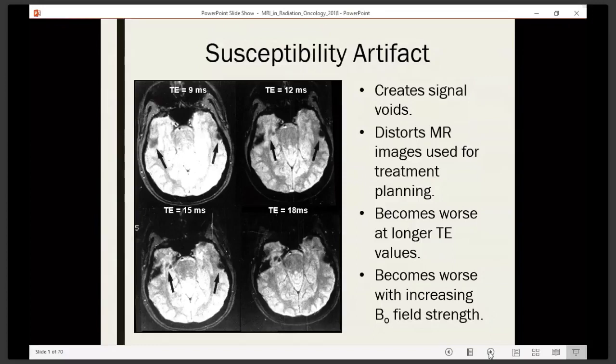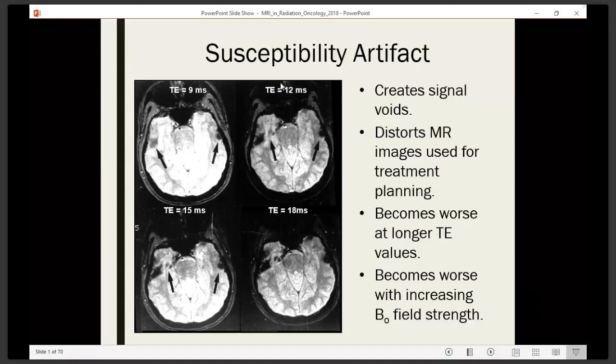And so you have a large distortion caused by the difference in susceptibility between the skull and the air in the temporal sinus. And this adds an additional gradient which shifts the signal away from where it's supposed to be. And it gets worse the longer the TE is because the phase errors have a longer time to build up.